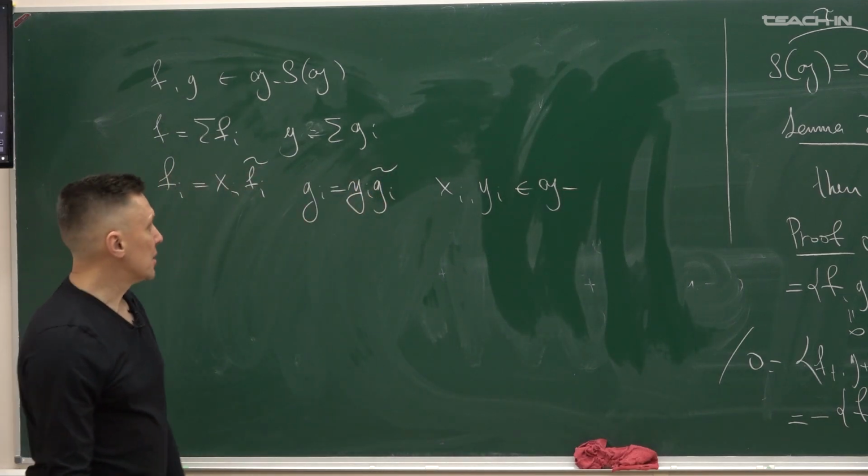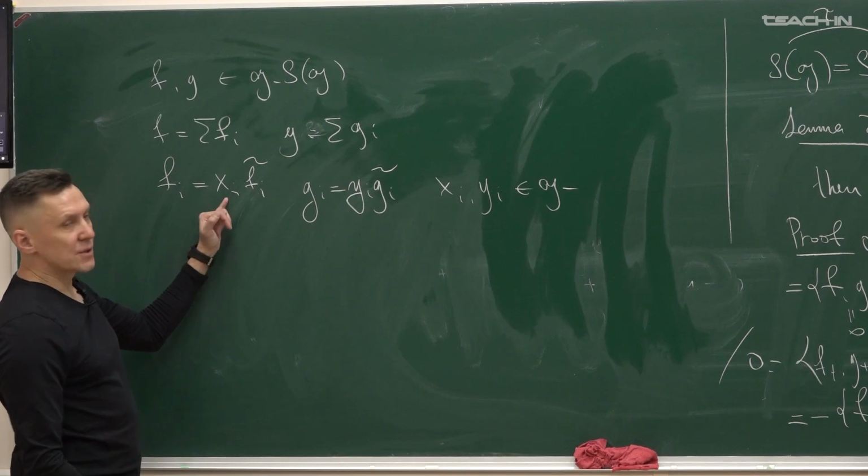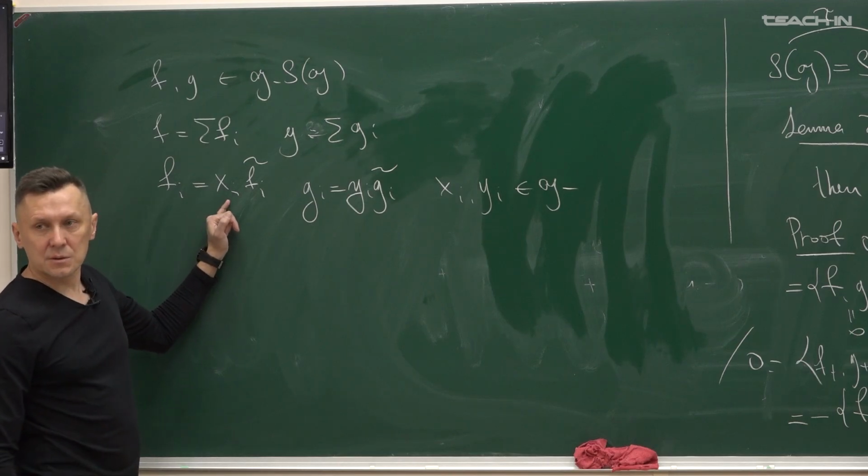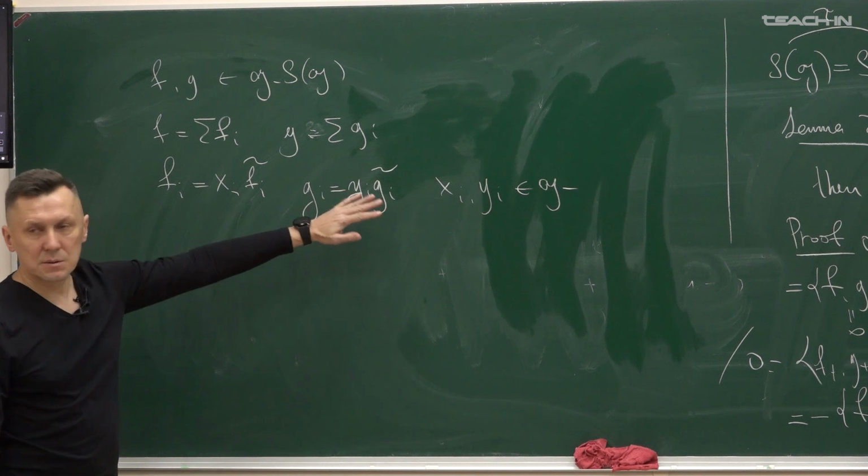Okay? So each monomial has an element of G minus in its representation. I just wrote this.